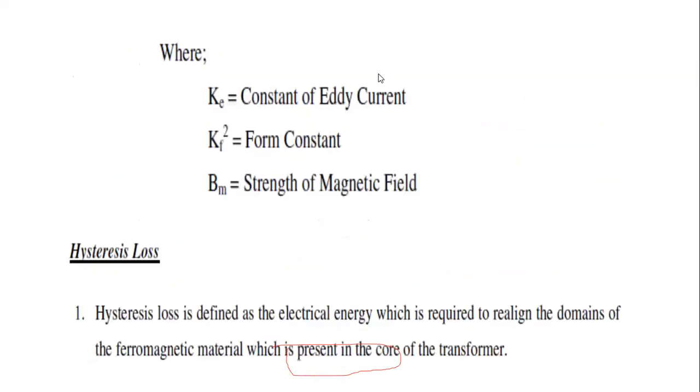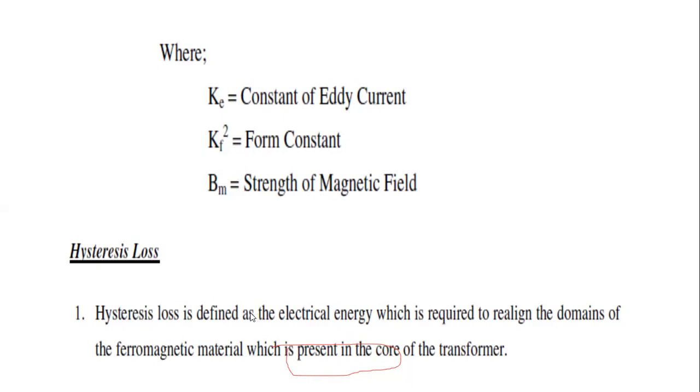In this case, KE is the eddy current coefficient, the constant of eddy current, KF is the form constant, and BM is the strength of the magnetic field.